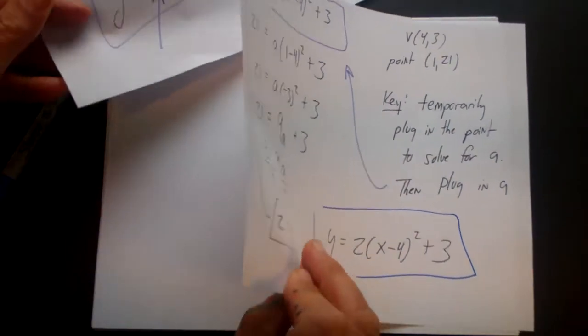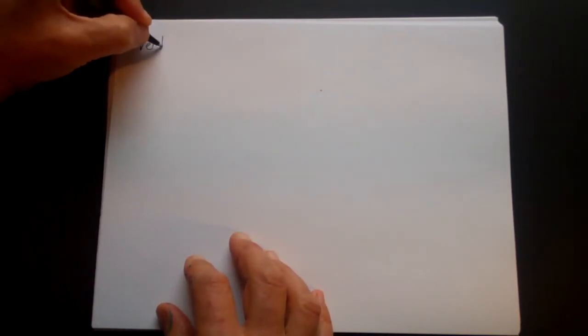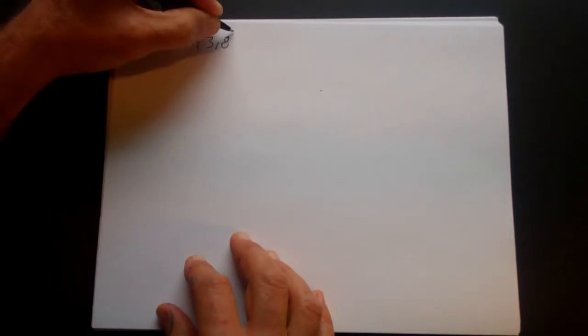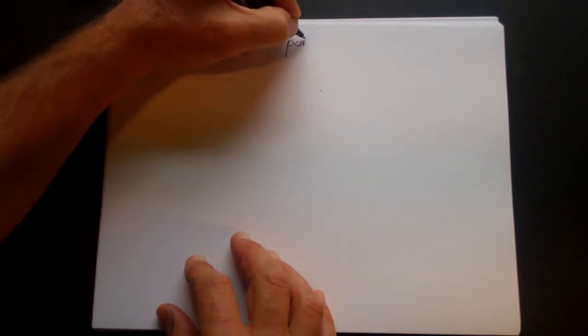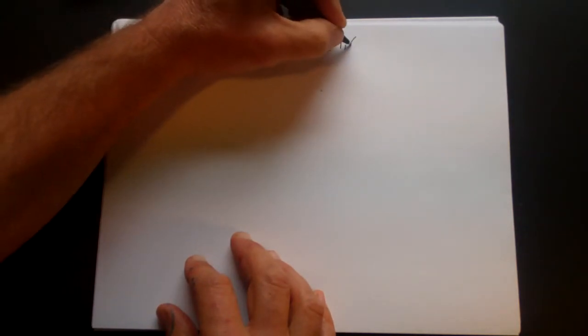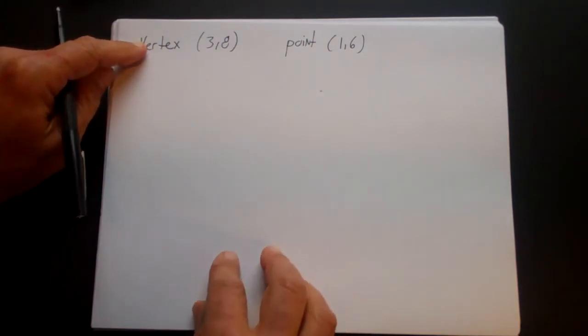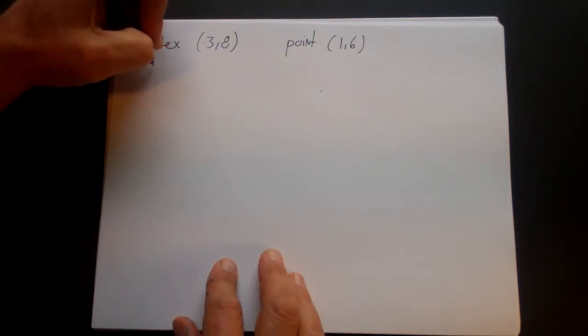Let's look at another problem. So let's say that we're given the vertex is (3, 8), and the point is (1, 6). So this is a parabola that has a certain vertex and a certain point, and we want to write the equation of the parabola.